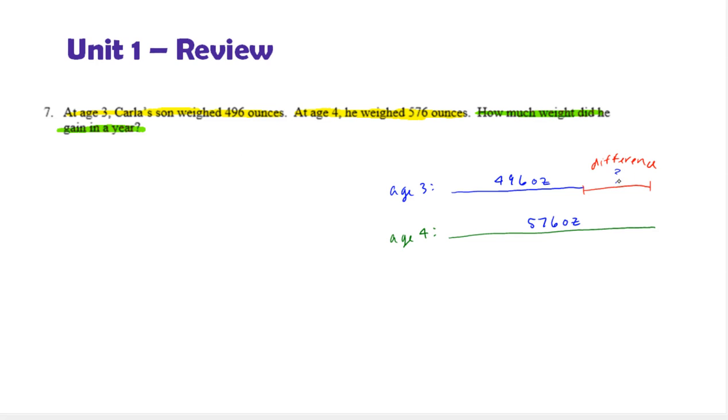Okay. So if we take the age 4 weight and subtract the age 3 weight, that will give us the difference. So 576 ounces minus 496 ounces. And subtracting that, the difference would be 80 ounces. Let's look at the next one.